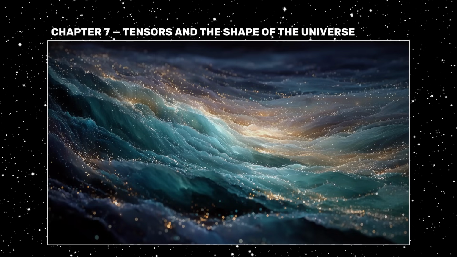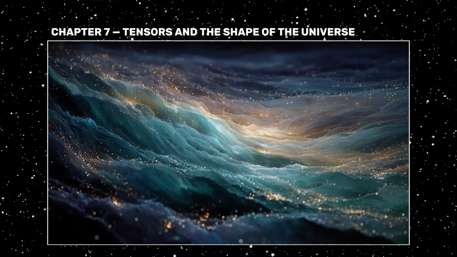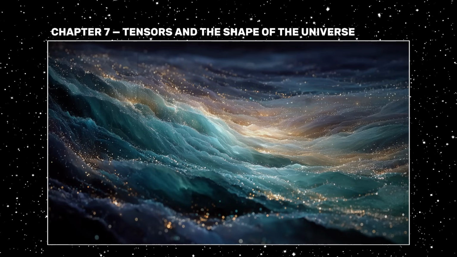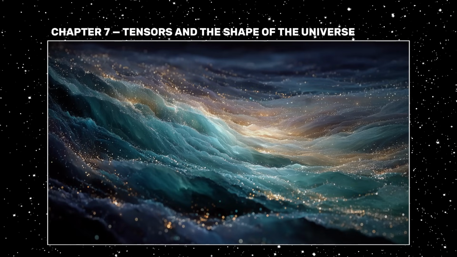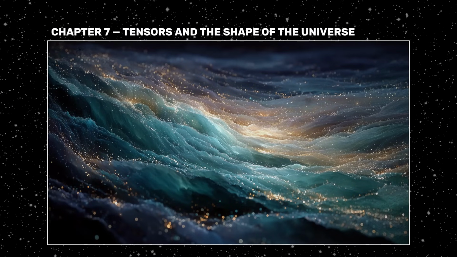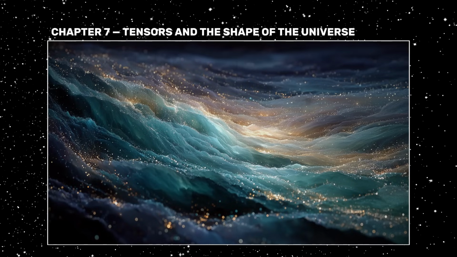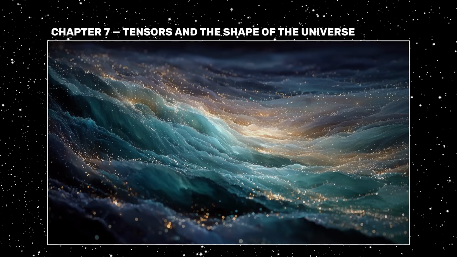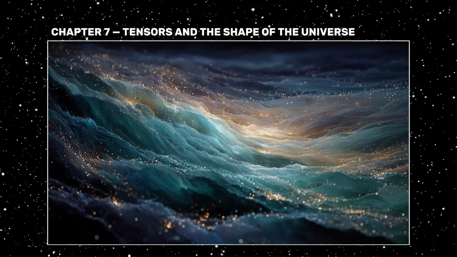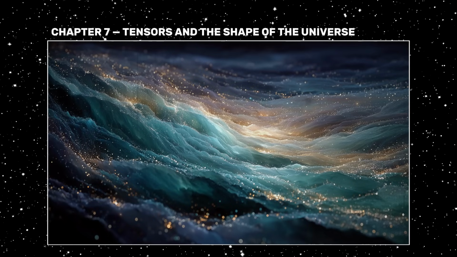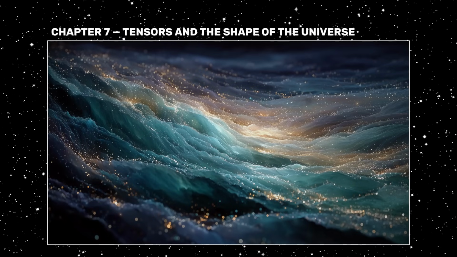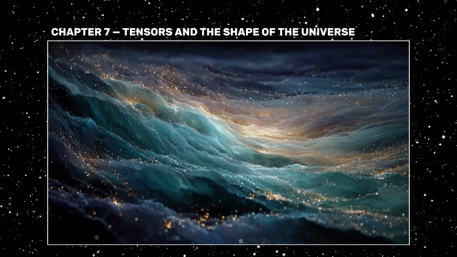Flatness, however, raises questions of its own. Why should the universe be so finely balanced between the extremes of positive and negative curvature? This puzzle is addressed by the theory of cosmic inflation, which proposes that in the earliest moments after the Big Bang, the universe underwent a rapid exponential expansion.